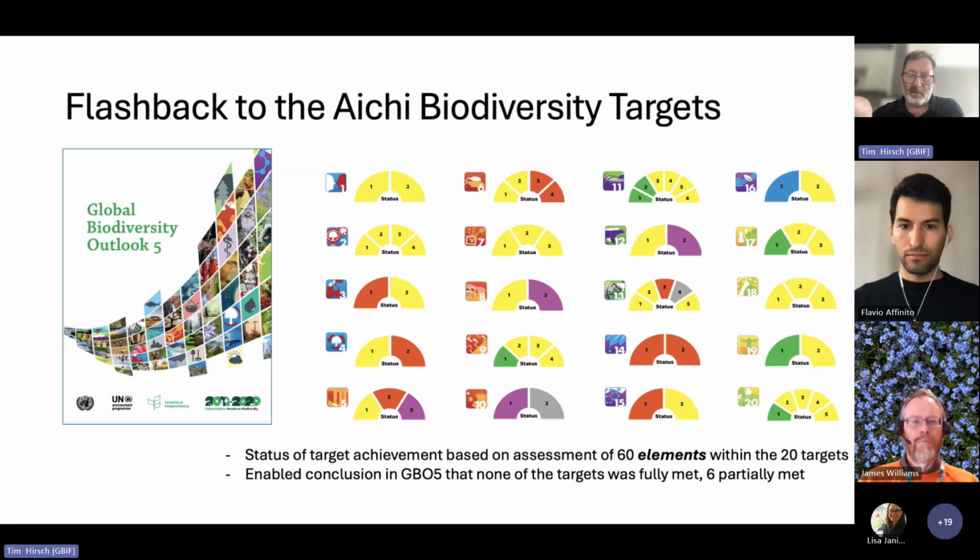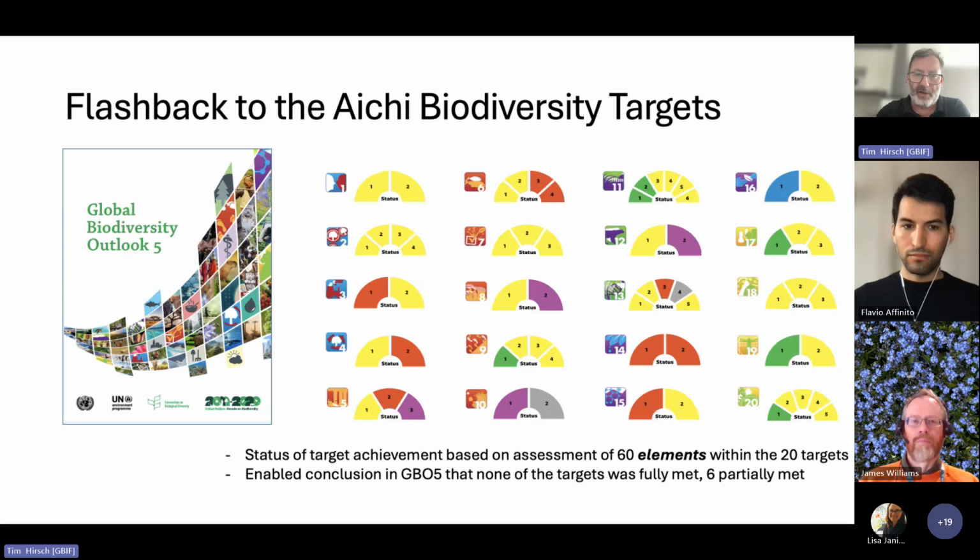Having identified those elements, and there were in the end a total of 60 within the 20 Aichi biodiversity targets, the approach in GBO5 as to the level of achievement of those targets was based on which and how many, if any, of those elements within the targets could be said to have been achieved.